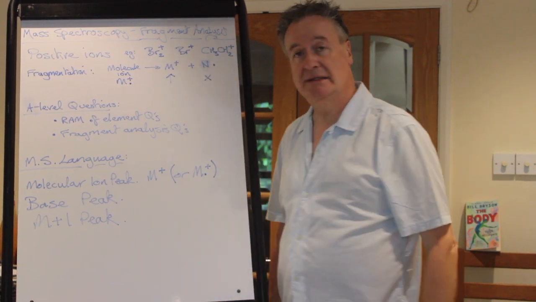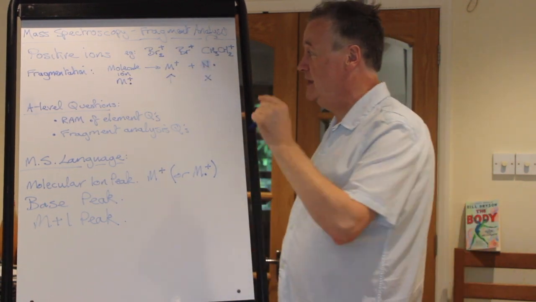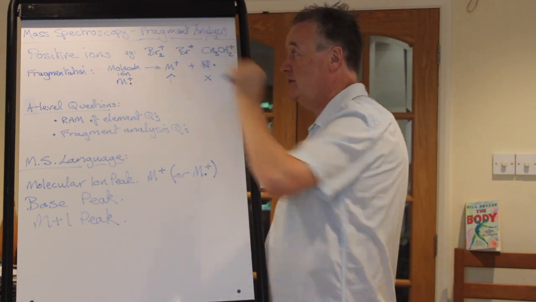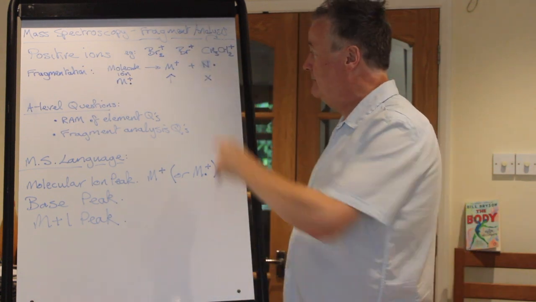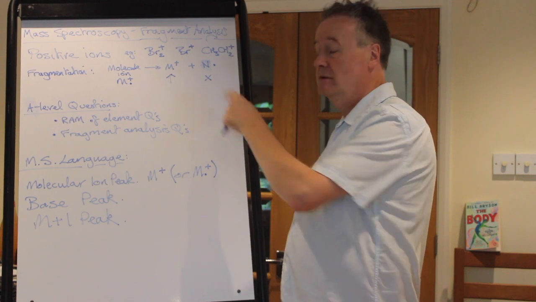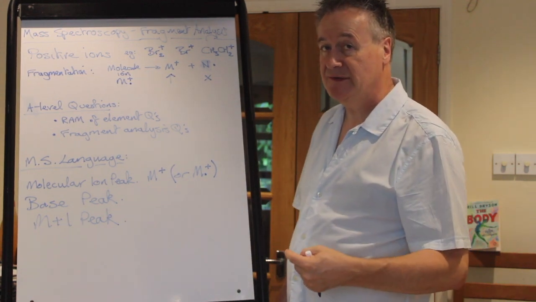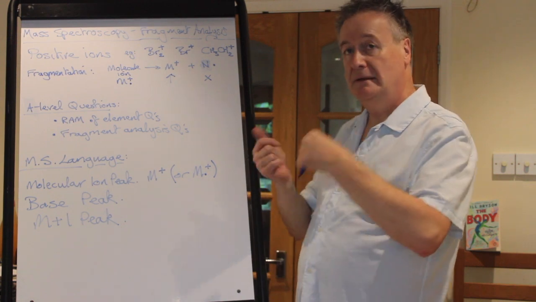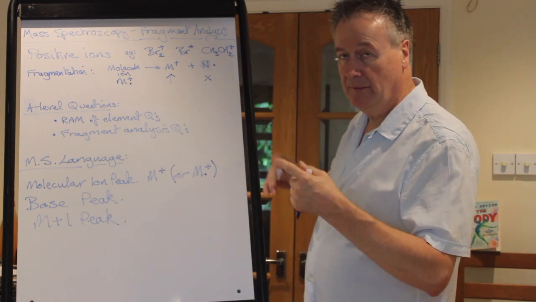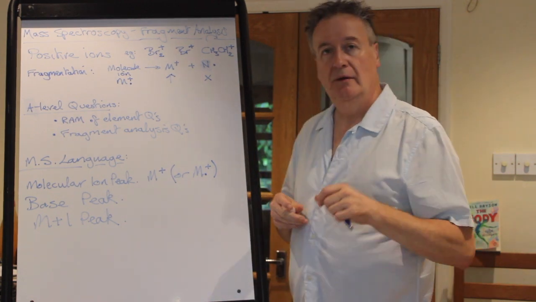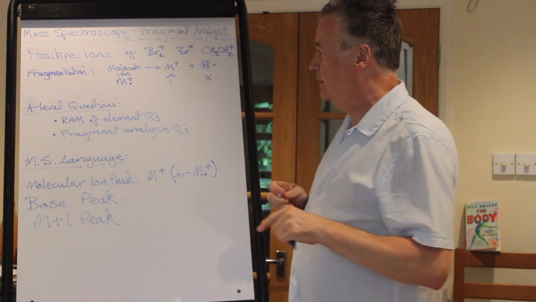That is ignored by the mass spectrometer because the mass spectrometer only detects positive ions. So therefore, any free radical, no. It'll hang around. In truth, it may well get a second bang and split up again, and you get fragments again. But we keep it simple at A-level.